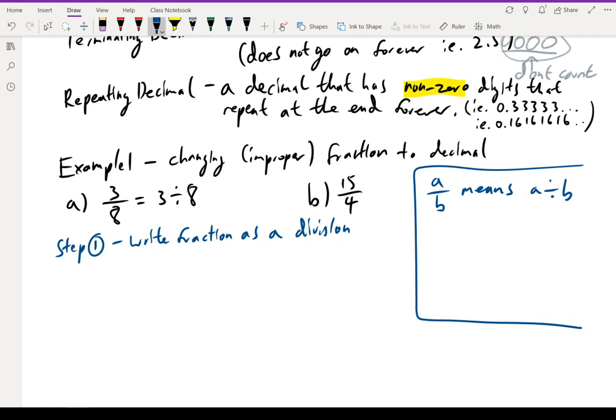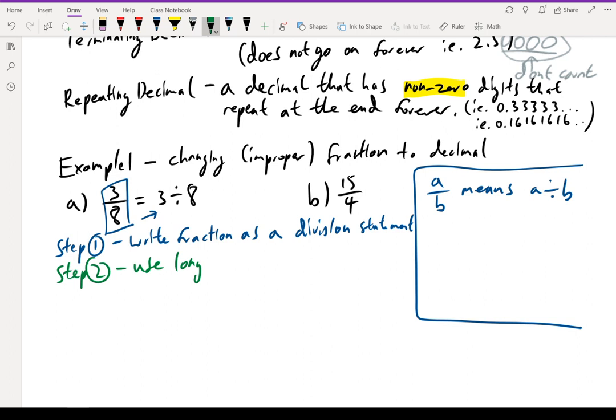That's step 1, from the fraction to the division statement. Then step 2 will be use long division.